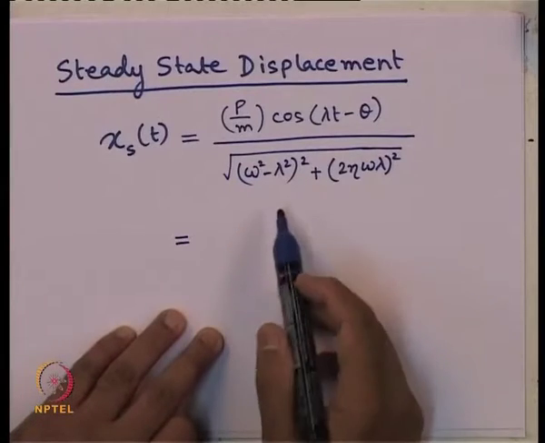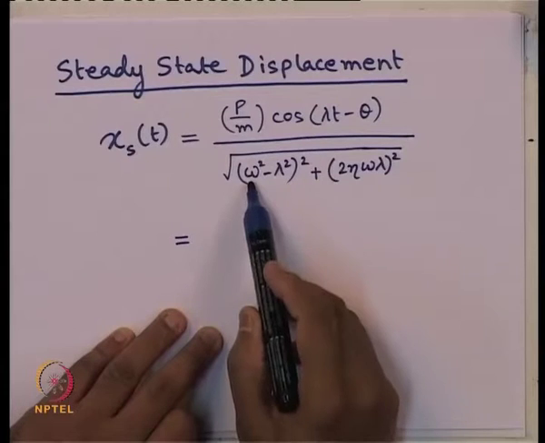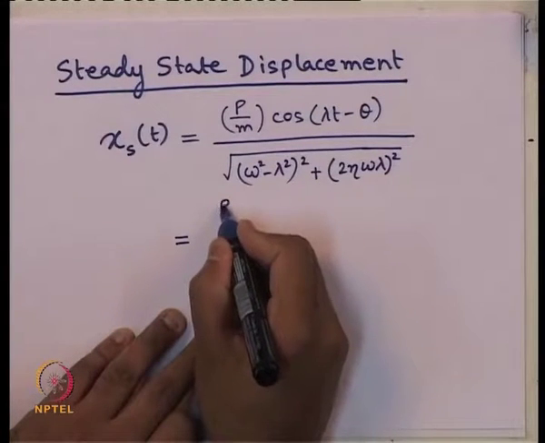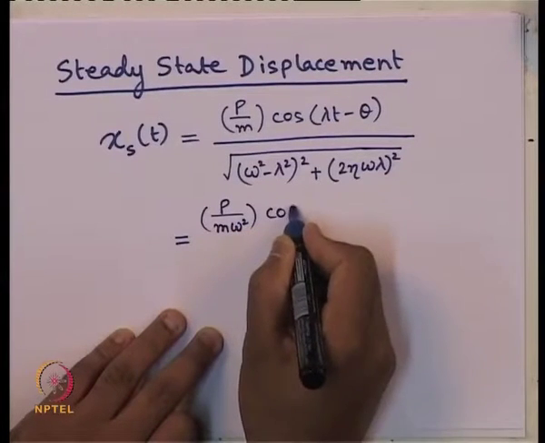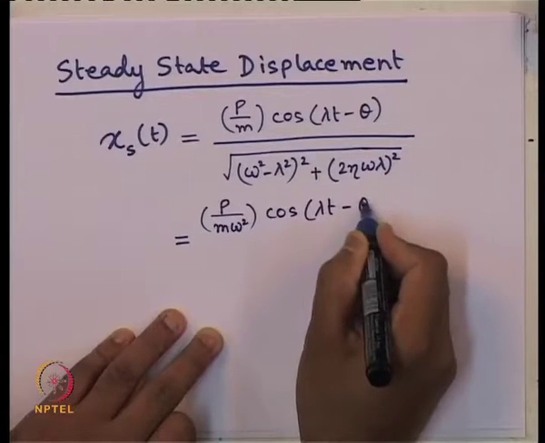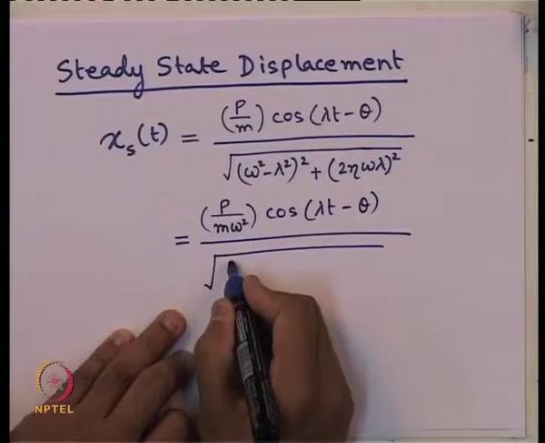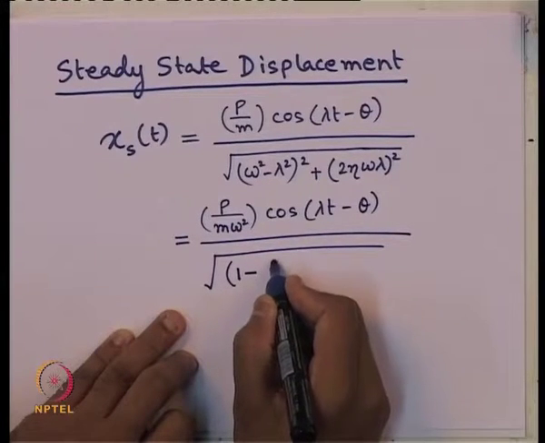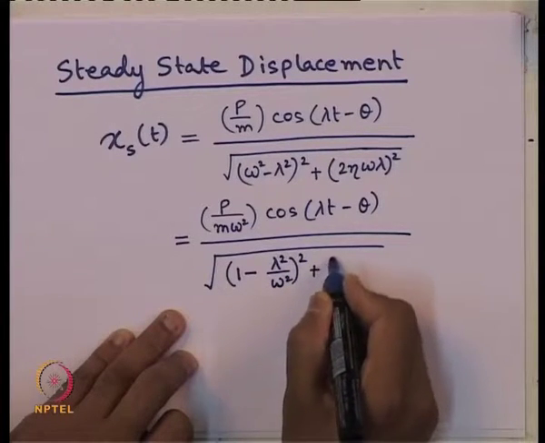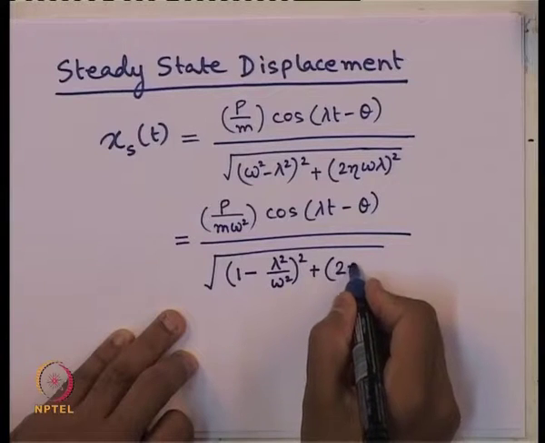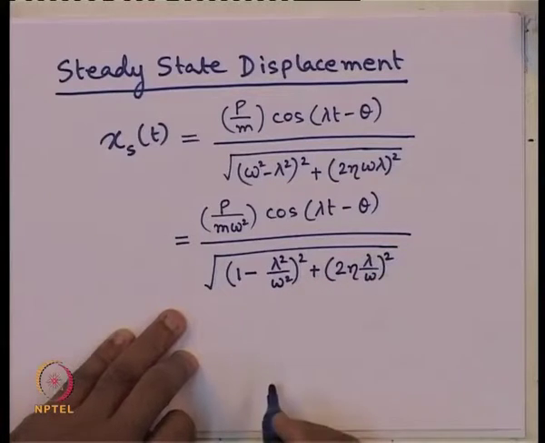What can we do? We can divide both numerator and denominator by omega square. So, what we will get is p by m omega square, cosine lambda t minus theta, and the denominator becomes root over 1 minus lambda square by omega square whole square plus 2 eta lambda by omega whole square.